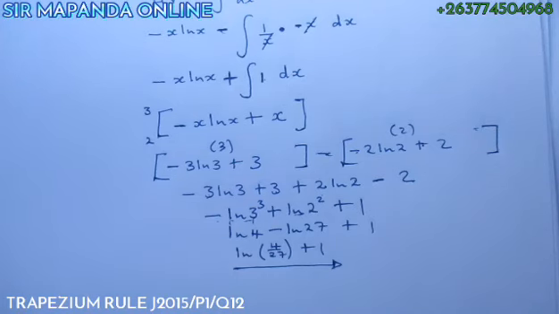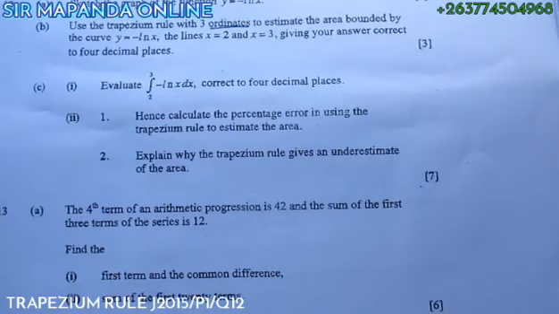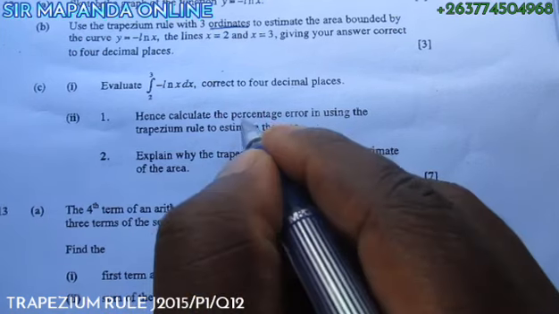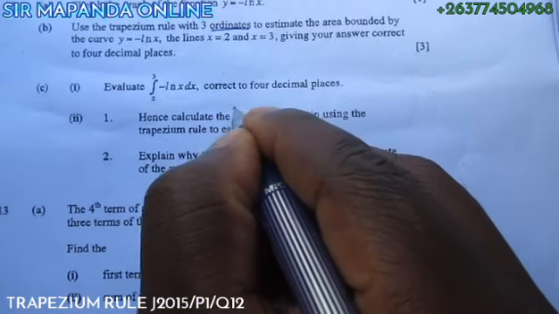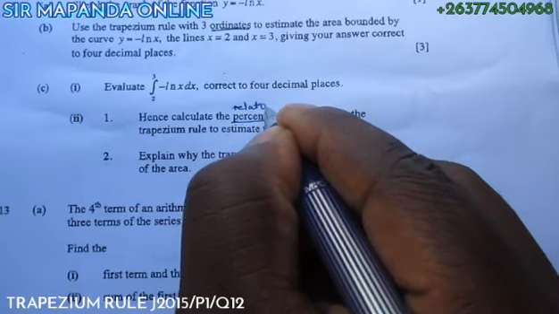I want you to stay tuned as we move on to part C2 of the question. Right, we are now on part C2.1. Hence, calculate the percentage error using trapezium rule to estimate the area. Remember, another name for percentage error is relative error.